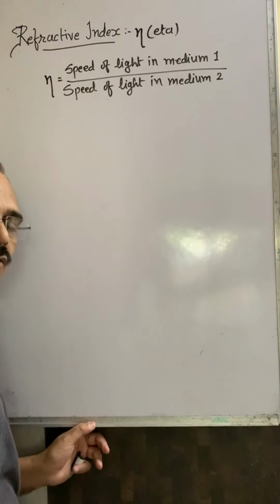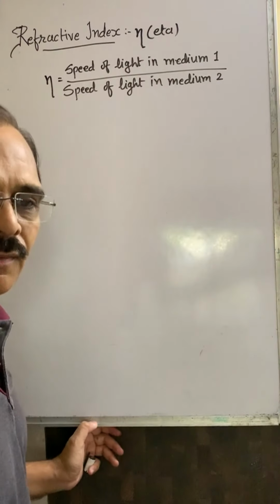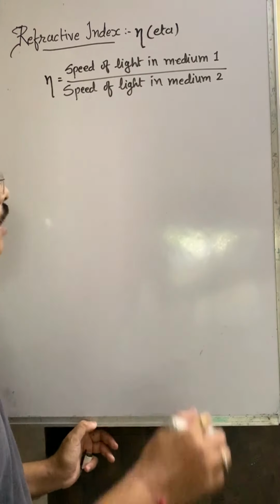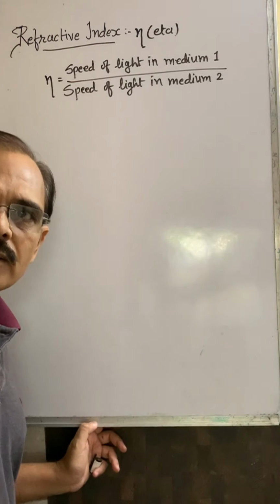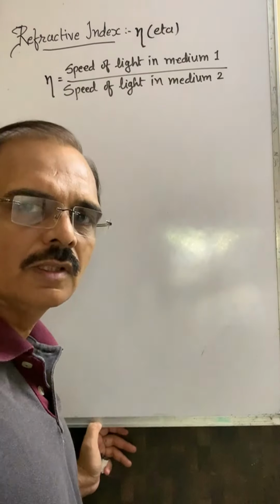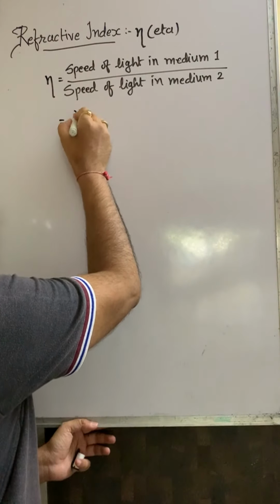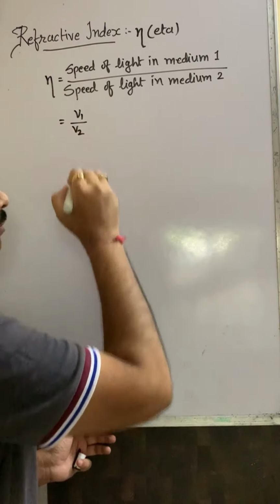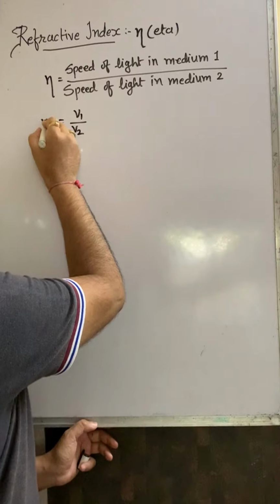You have to write this. The definition is very simple: refractive index is the ratio of the speed of light in medium 1 to the speed of light in medium 2. If it is velocity, I can write v1 upon v2, velocity denoted as v. So eta equals v1 upon v2.